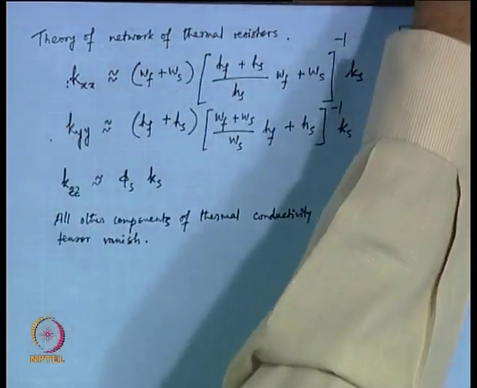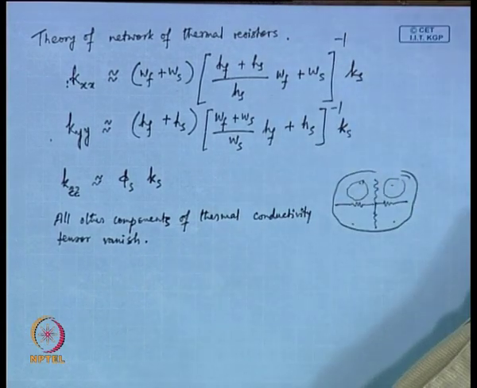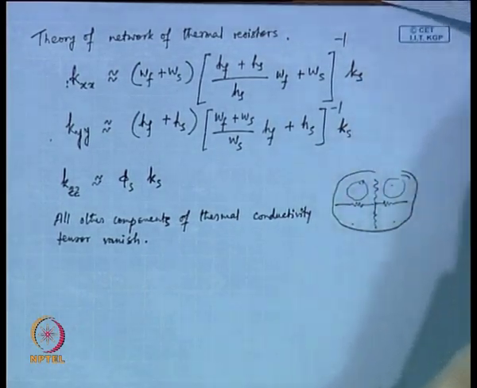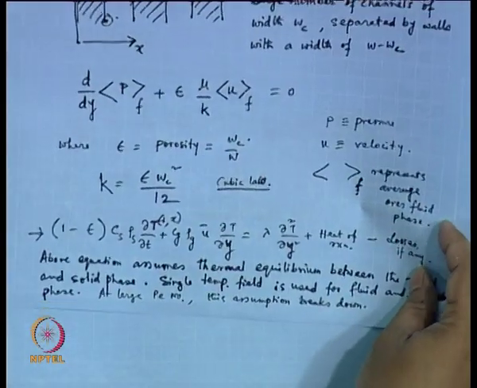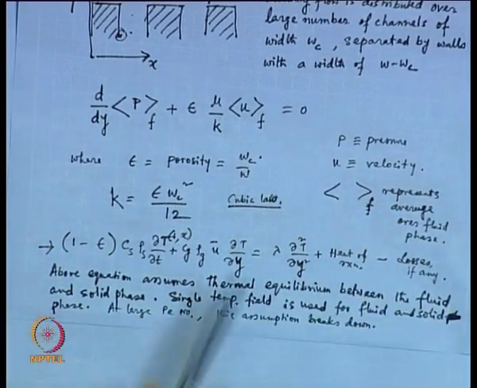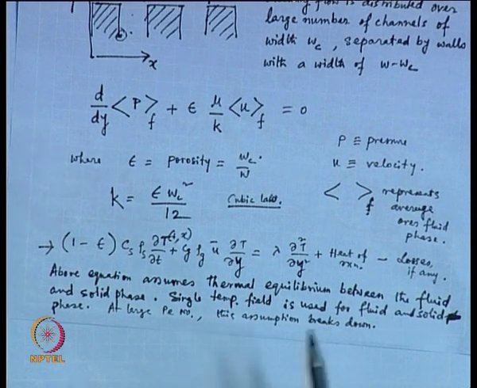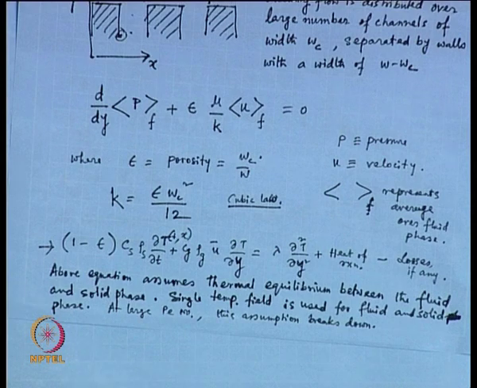In the porous medium model, you have just a single temperature. You did not differentiate between the solid and the fluid. There was just a single temperature and you said they are all equilibrated. Okay. Here you have two temperatures, Tf and Ts.